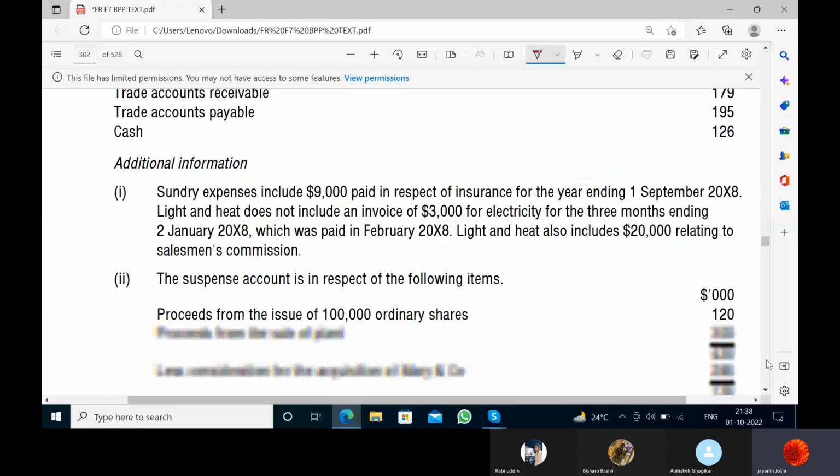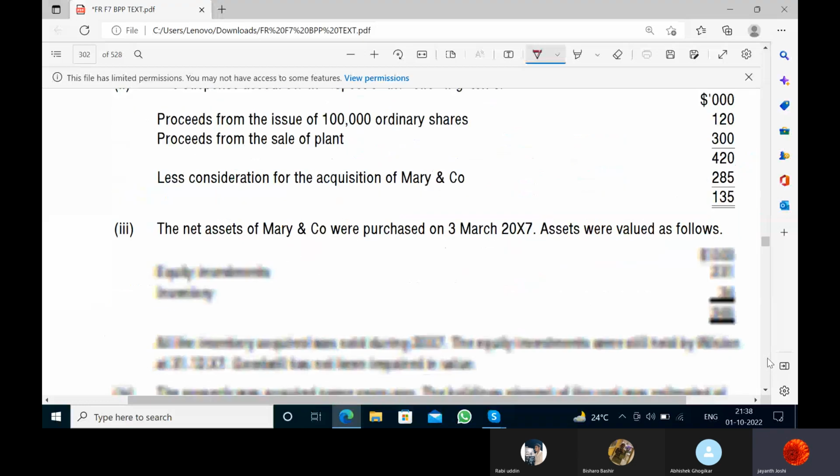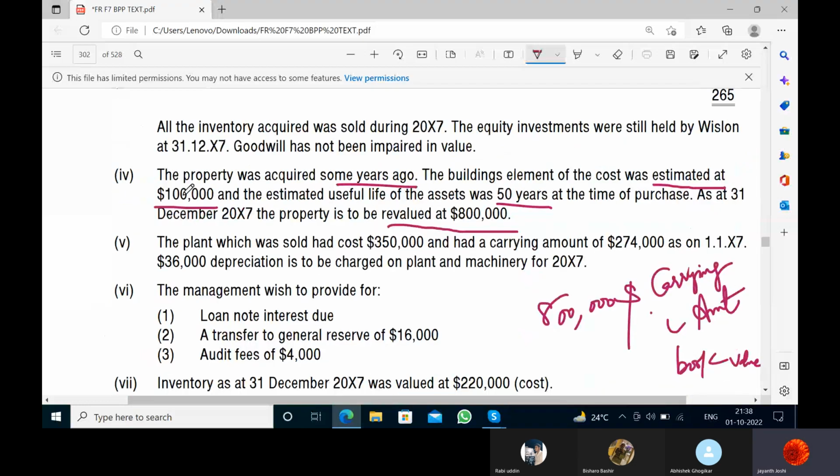But one thing we know in the adjustment, see, the adjustment is very clear. Here you can see the property is nothing but a part of land and buildings. The property was acquired some years ago. The buildings element of the cost was estimated as $100,000, so this $100,000 worth of building has a life of 50 years.